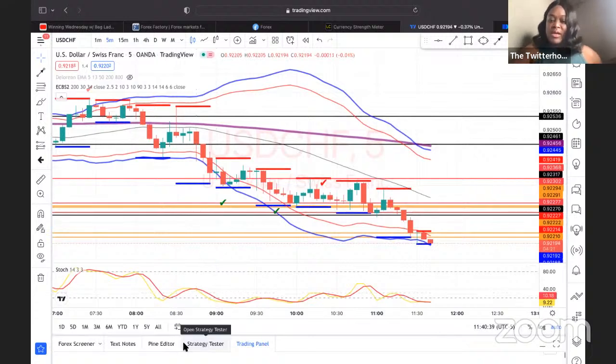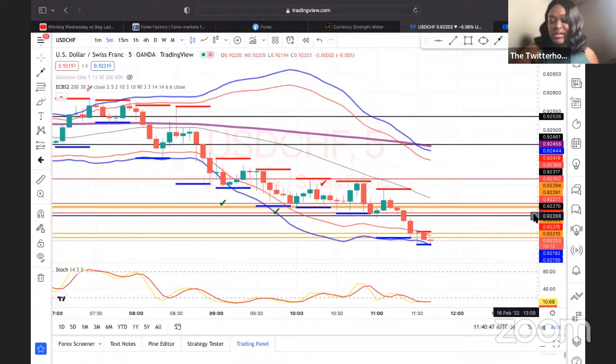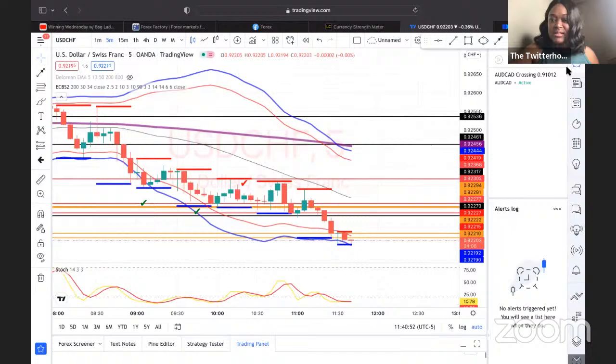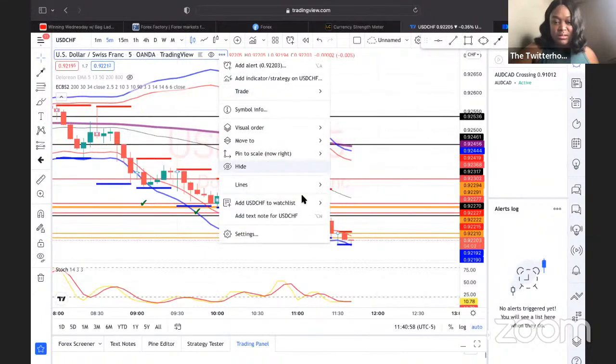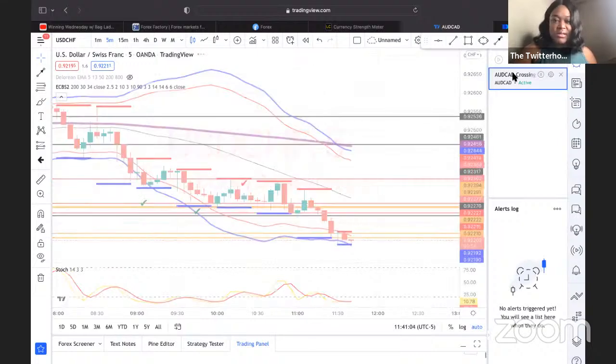No. Okay. So I have the free version of TradingView, so I wouldn't be able to set an alert here. I just have to pay attention. We know that we have an alert set for OddCAD. Let me go ahead and add this to my watch list. So let's look at OddCAD.